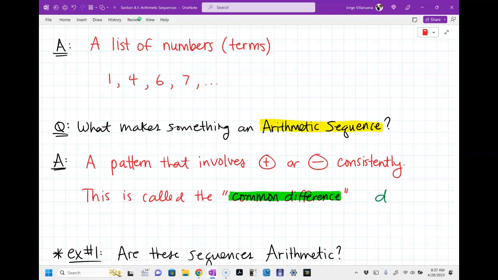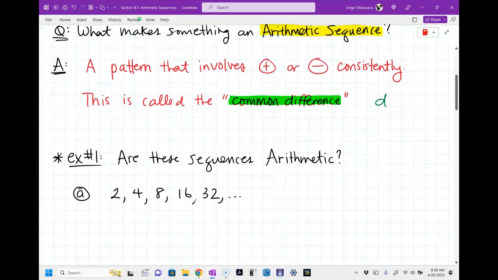So you might just keep adding 2 plus 2 plus 2 plus 2 over and over again to get the next set of numbers, or maybe you'll be subtracting 10 minus 10 minus 10 minus 10 over and over again, and that tells you that it's an arithmetic sequence, because when you look at the numbers jumping from one to the next, it's either always adding the same number or subtracting the same number. Okay, so that's what makes something an arithmetic sequence.